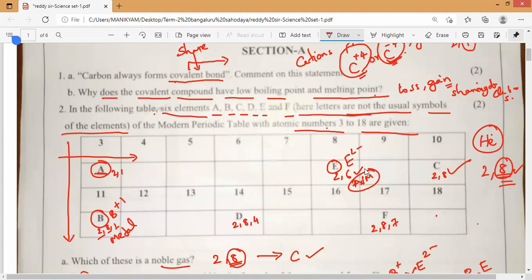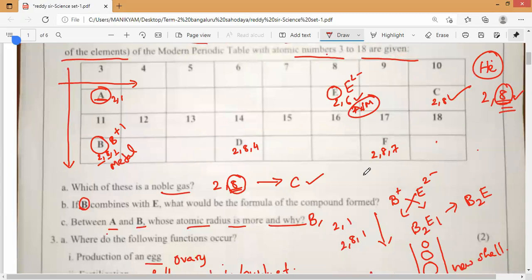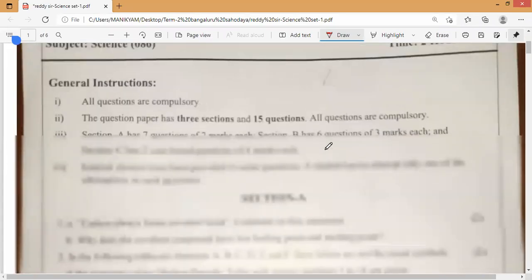They have just been chosen as A, B, C, D, E, and F. Whatever symbols they have given, we have to answer with those. But a smart person will first write the valency based on the atomic number, so that we can easily answer all three questions and get full marks without any mistake. That is what you have to remember. So this is all about section A.